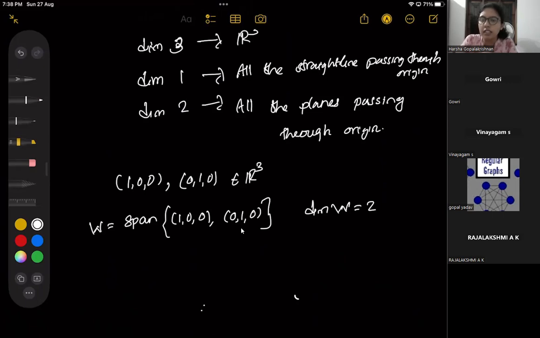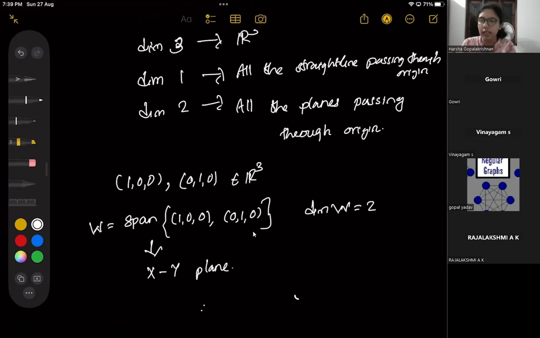All the linear combinations cover the whole XY plane. It does not go in the Z direction because the Z coordinate is always 0. So it is actually the XY plane.